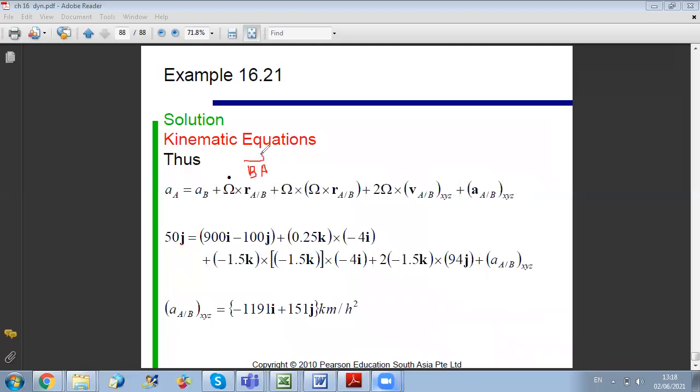Now, as I told you, instead of doing this term, because it will need more time to calculate, you can just replace this term by doing minus omega squared times vector BA. Let us try it. So omega is 1.5.